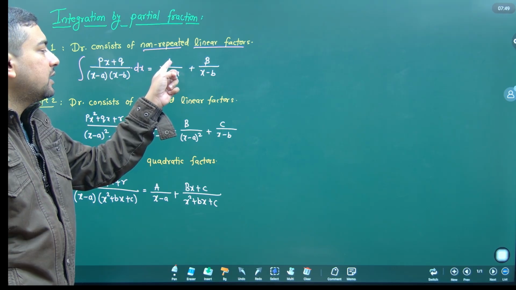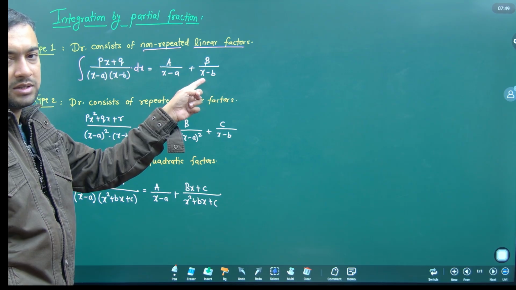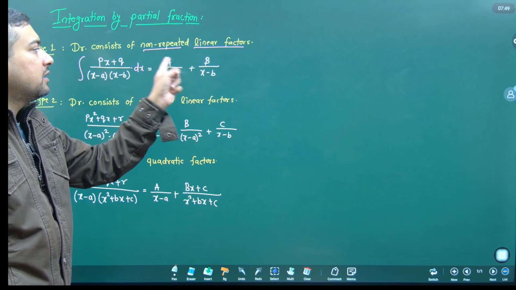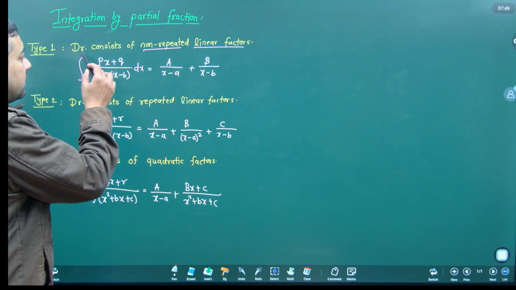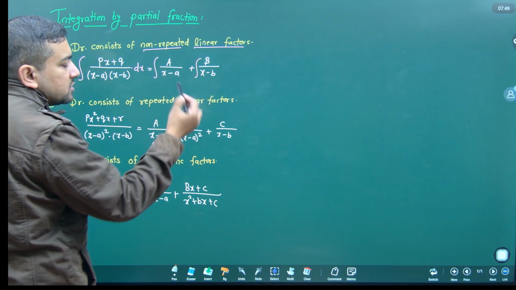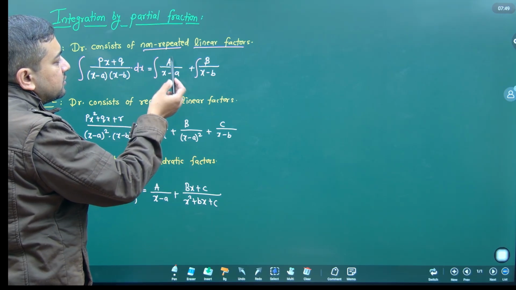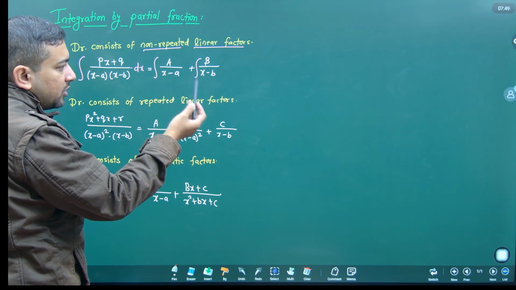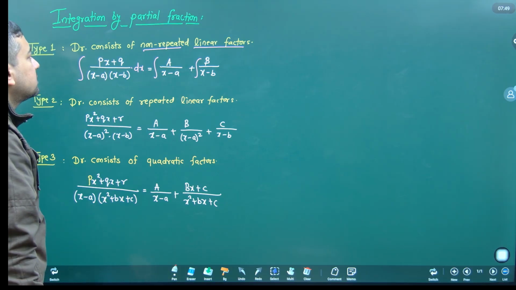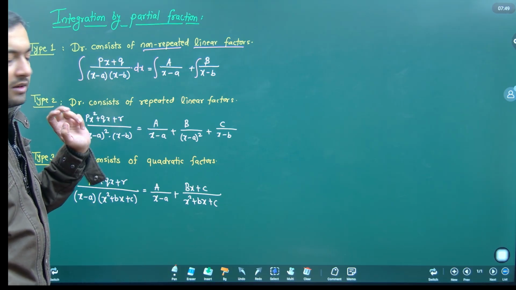I have allotted a constant to each factor: A upon x minus a plus B upon x minus b, right? Once you get A and B, you have to do the integral on the left hand side, that means the right hand side is to be integrated. A and B will be constants, so the integration becomes easy, right? So this is type number 1, denominator consists of non-repeated linear factors.